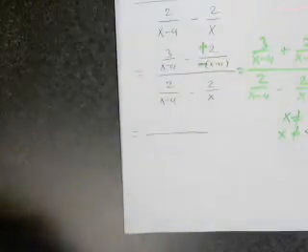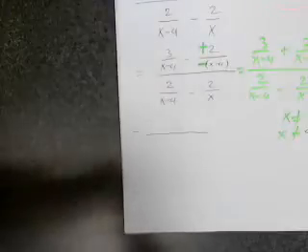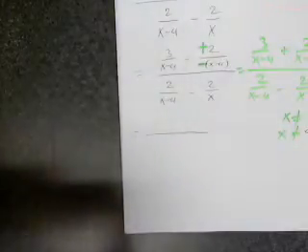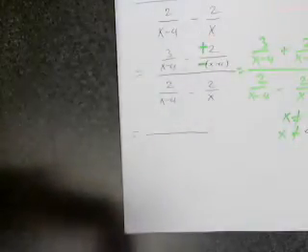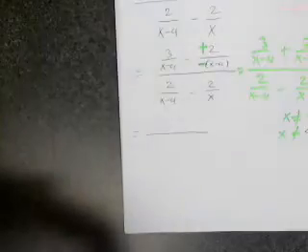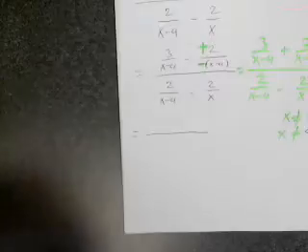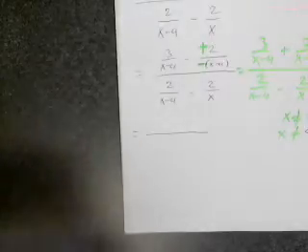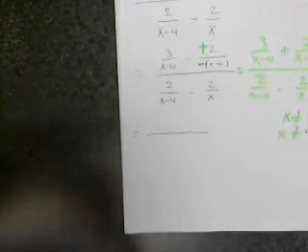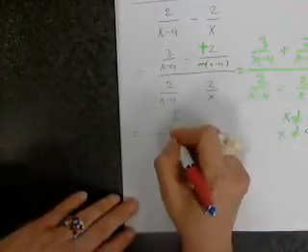Why? Because I'm adding 2 fractions with the same denominator. And I know how to do that. 3 over x minus 4 plus 2 over x minus 4 is 5 over x minus 4.